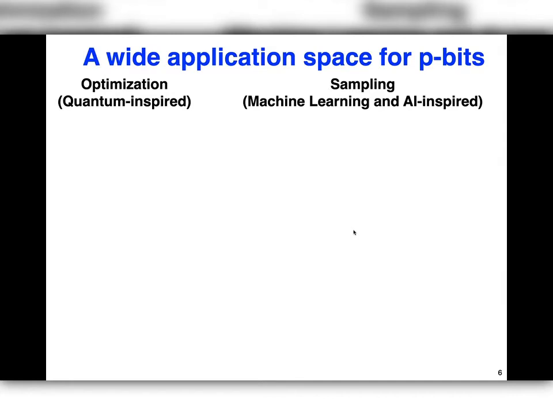In technical terms, much of the quantum-inspired application seems to fall under the category of solving optimization problems, whereas in machine learning and AI, it turns out you need to sample from these high-dimensional probability distributions. And the central idea of this talk is that p-bits can provide hardware acceleration, very useful acceleration for this wide variety of applications.